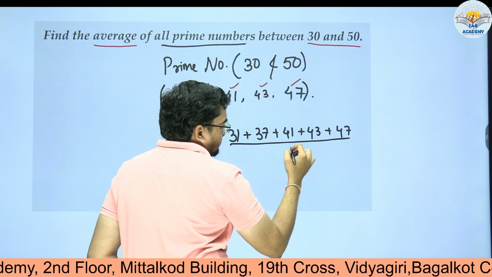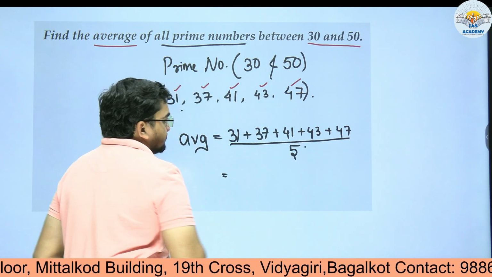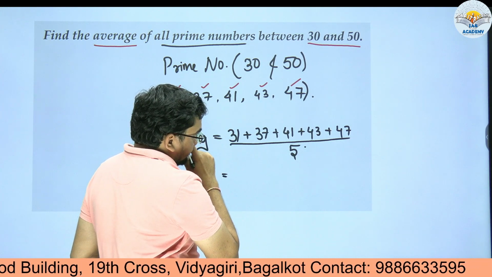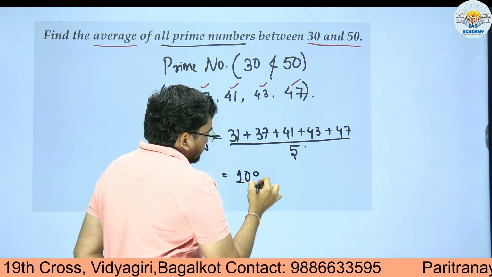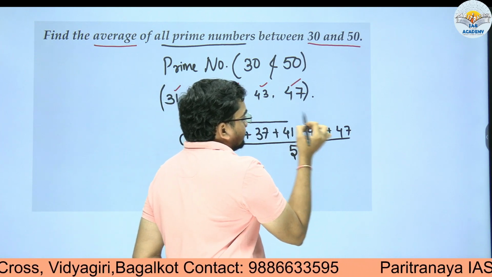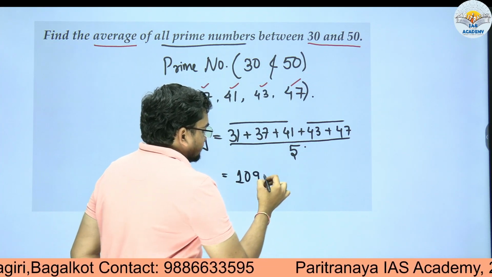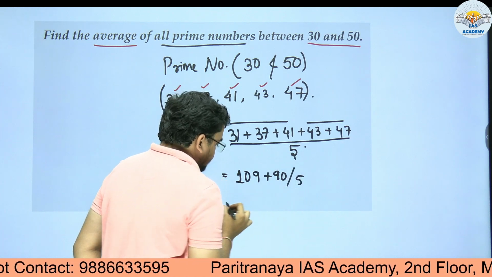Five observations are there, so whole divided by 5. Let's add it. 31 plus 37 is 68, plus 41 is 109. Sum of these two, 43 plus 47 is 90. 109 plus 90, whole divided by 5.